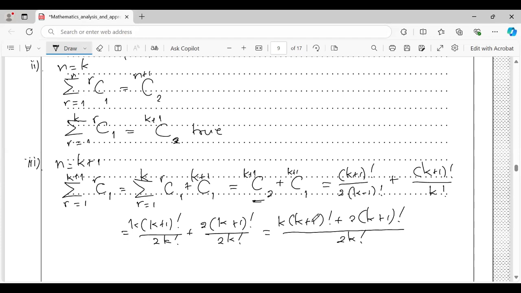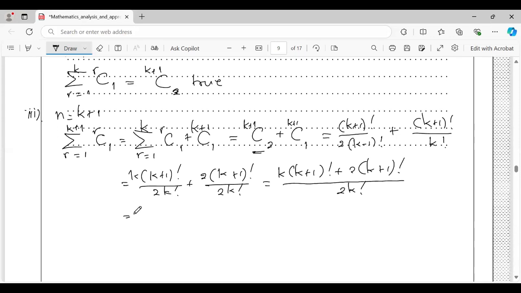Look, this is k plus 1, this is k plus 1. So it becomes k plus 2, k plus 1 factorial over 2 factorial, k factorial. 2 equals 2 factorial because 2 factorial is 2 times 1.